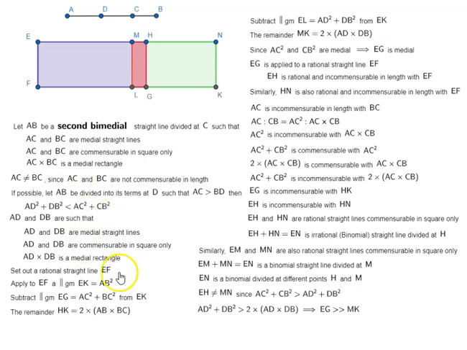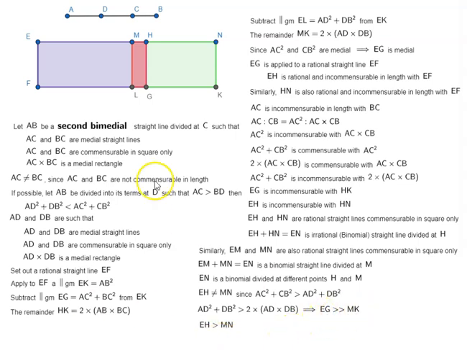Or if we reverse this, it becomes AC square plus CB square is greater than AD square plus DB square. AD square plus DB square, which is EL, is greater than 2 times AD by DB, which is nothing but MK. So EG is much greater than MK.